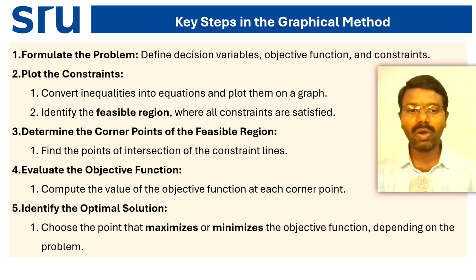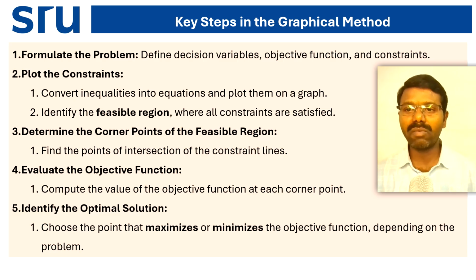Determine the corner points of the feasible region and find the points of intersection of the constraint lines. Evaluate the objective function and compute its value at each corner point. Identify the optimal solution by choosing the point that maximizes or minimizes the objective function, depending on the problem.